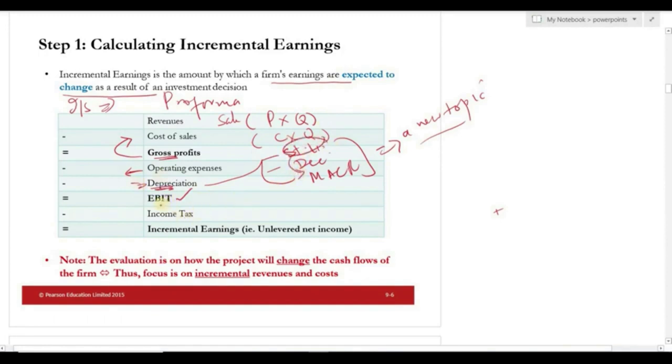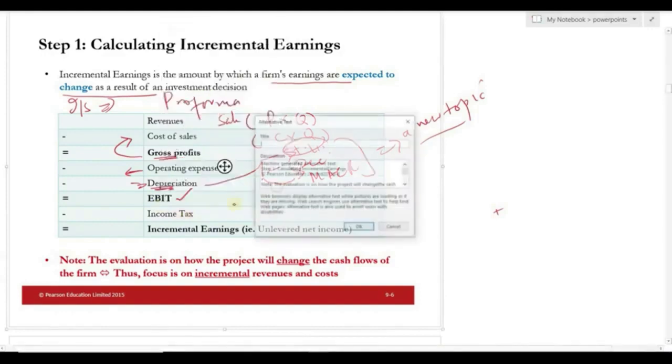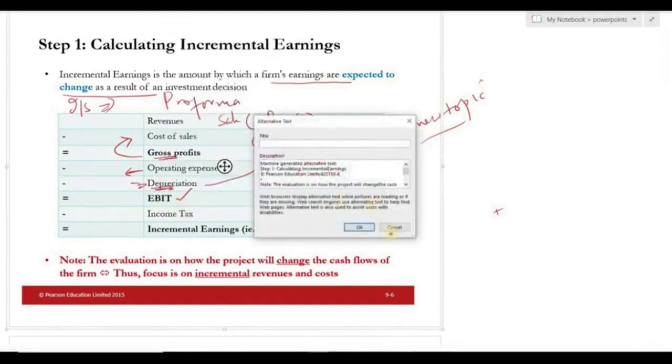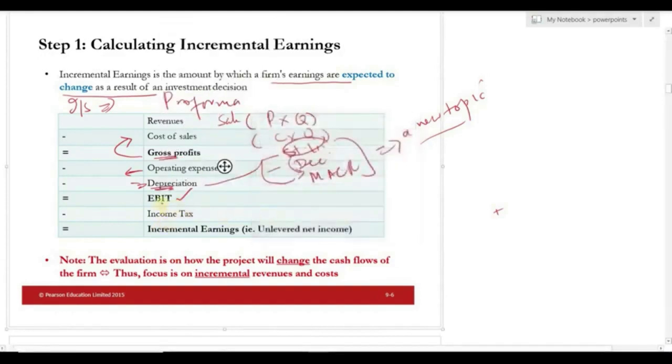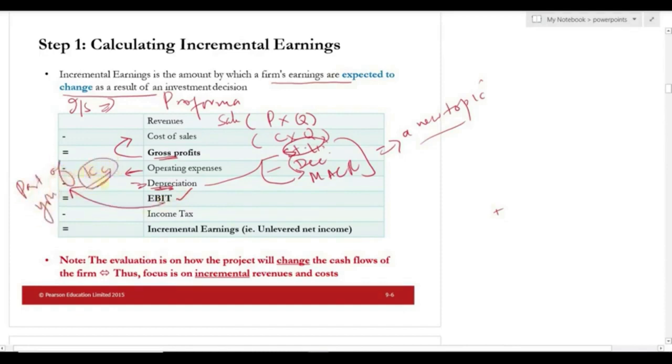After that, we are not subtracting interest. Why? Because it will be part of your cost of capital. We will be dividing it, and I will explain it to you when we specifically discuss this chapter. Okay, income tax.